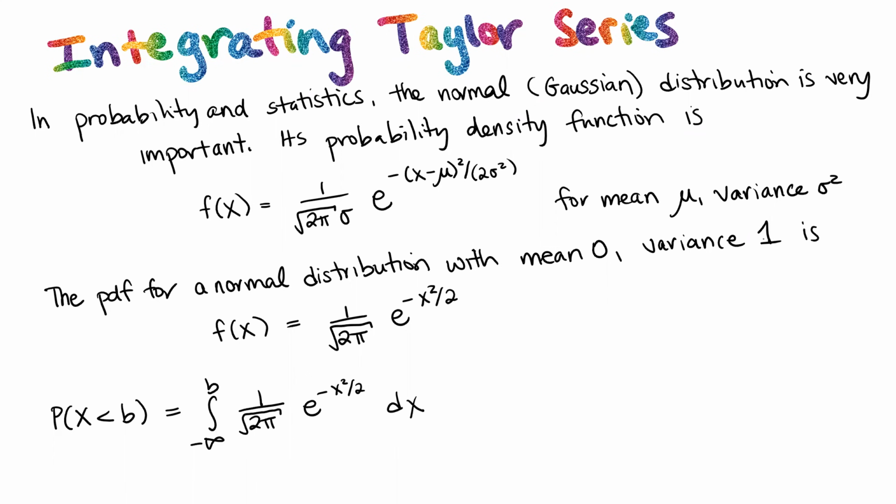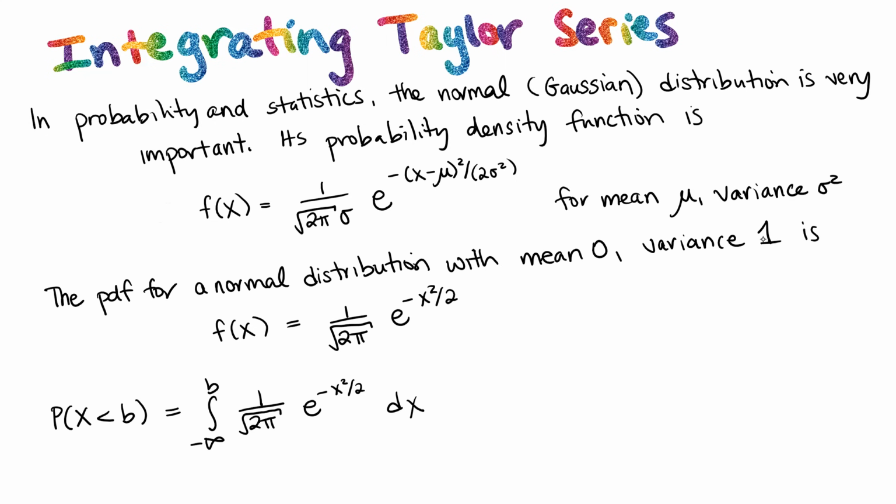So if you are talking about just the general normal with mean mu, variance sigma squared, then here is the PDF. But for this video, we're just going to work with the PDF for a normal with mean 0 and variance 1, just to simplify things a little bit. So our PDF for a normal with mean 0, variance 1 is shown here.